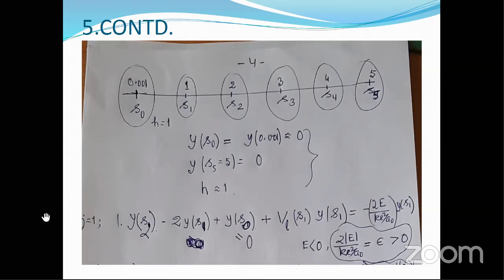I have divided this line into 5 parts, and as you can see, I introduced the coordinates of the endpoints of each as s0, s1, s2, s3, s4, s5, and I have taken y at s0 as very small, 0.001. I have not taken s as 0. Why have I not taken s as 0? Can anyone tell me?